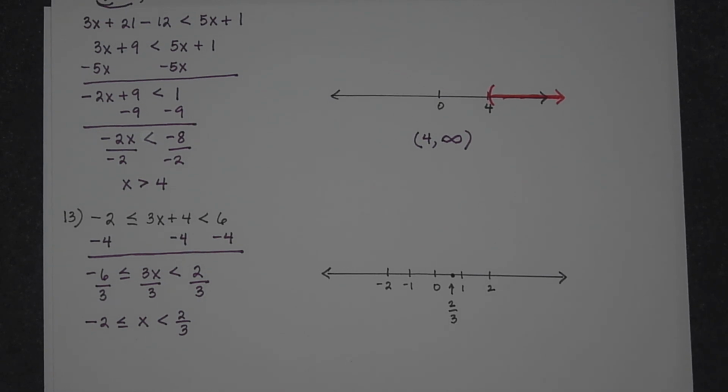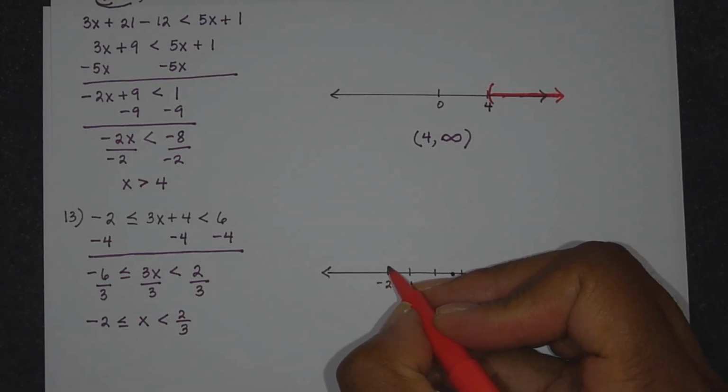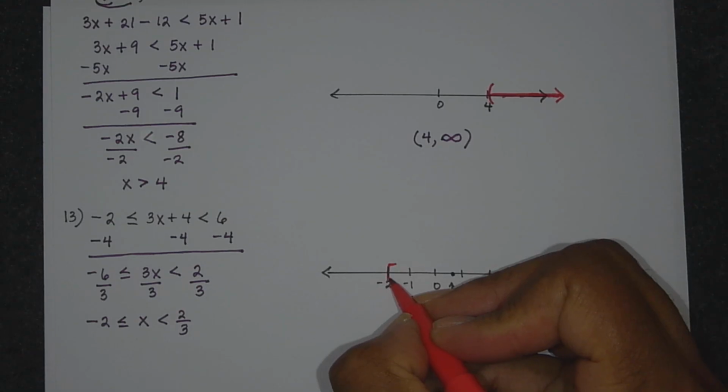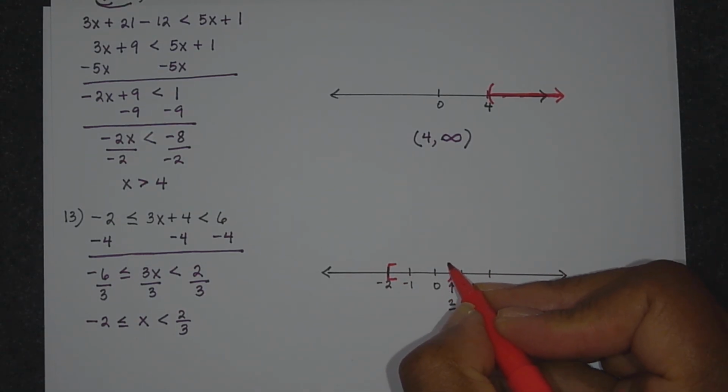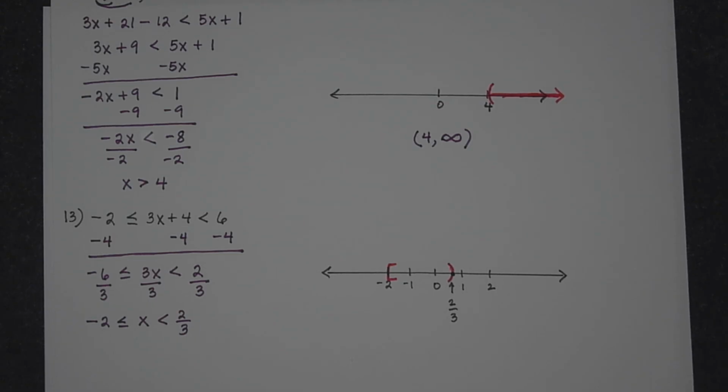Now at negative 2, do I need a bracket or parentheses? A bracket, because it has a less than or equal to sign. What about the 2/3, bracket or parentheses? Parentheses, because the 2/3 is not included.